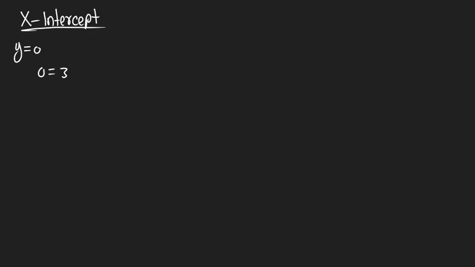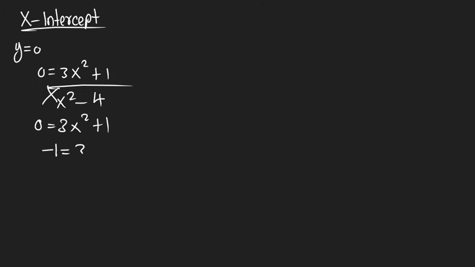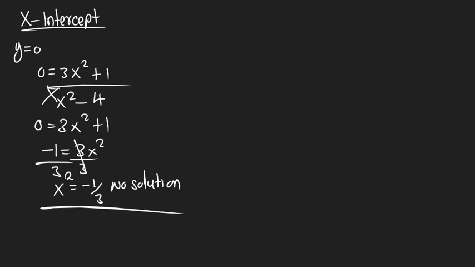This is going to be 3x to the power 2 plus 1 over x to the power 2 minus 4. If you cross multiply, you have 0 is equal to 3x to the power 2 plus 1. This is going to be negative 1 is equal to 3x to the power 2, over 3 over 3. X to the power 2 is equal to negative 1 over 3. So no solution. So there is no x-intercept.